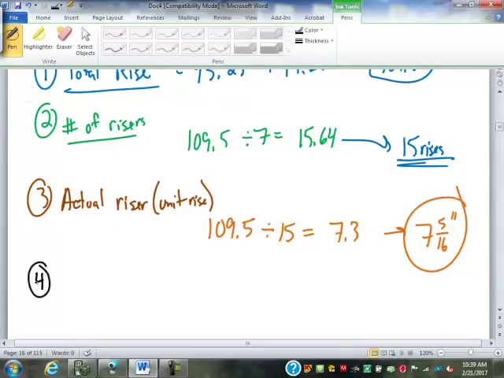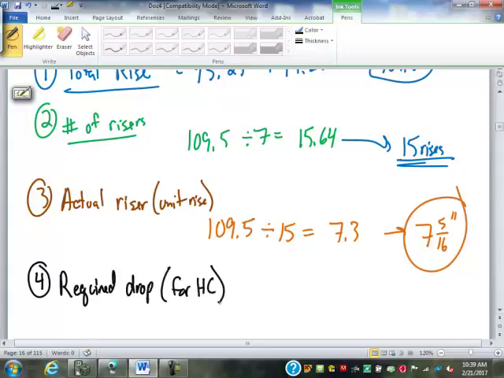Part 4. Required drop for head clearance. Remember, that is head clearance plus floor thickness.